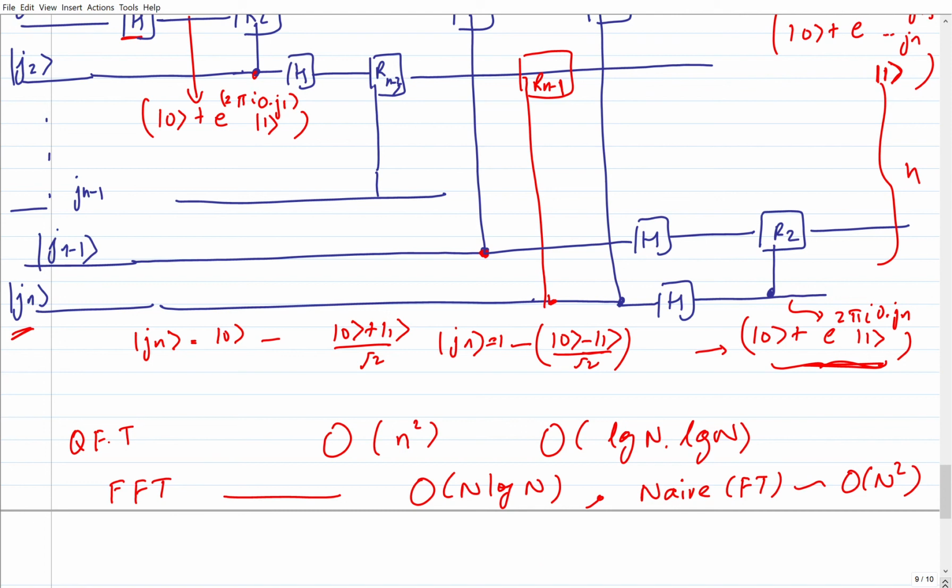So FFT was a huge revolution which gave an exponential speed up on a classical algorithm. The quantum Fourier transform gives an exponential speed up on the best known classical algorithm. So that is fantastic. We actually get an exponential advantage.